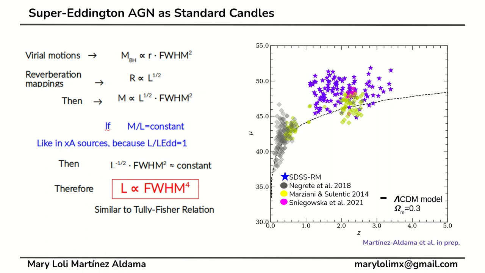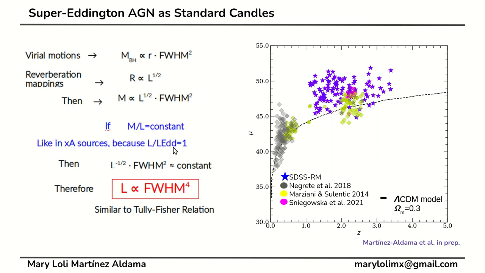So in AGNs it's quite crucial to identify a property that behaves as a standard candle. We know that if the ratio of black hole mass and Eddington ratio is constant, we can consider AGNs as standard candles, and this will happen only in the Super-Eddington AGNs, when the value is close to 1.